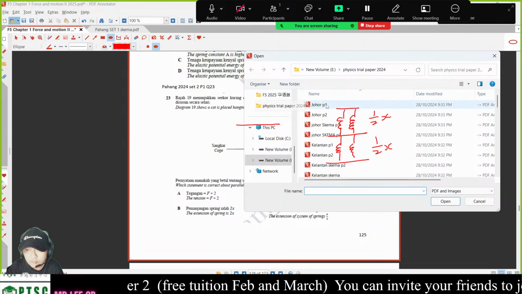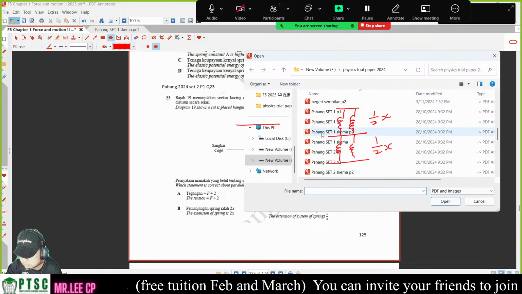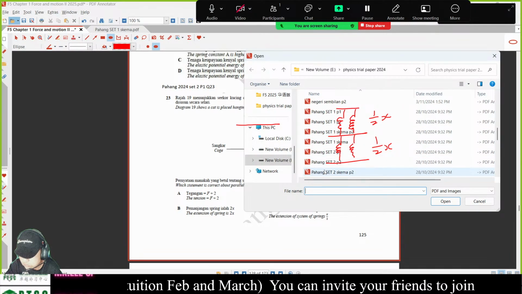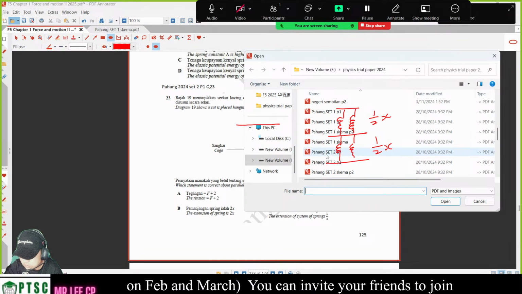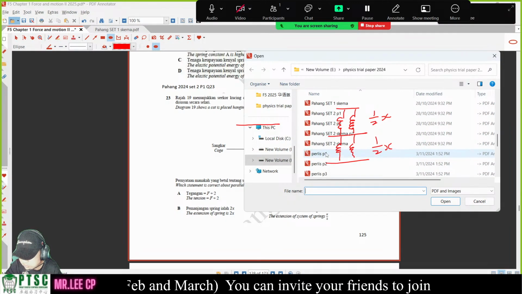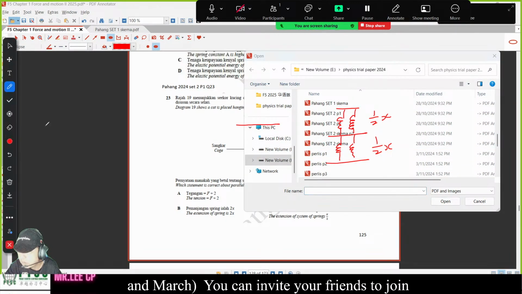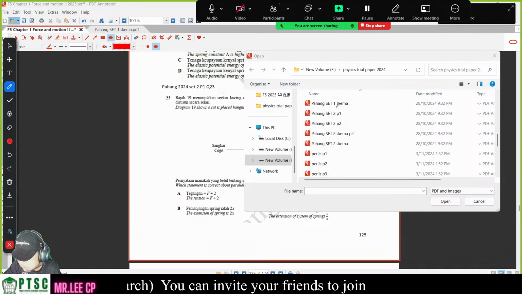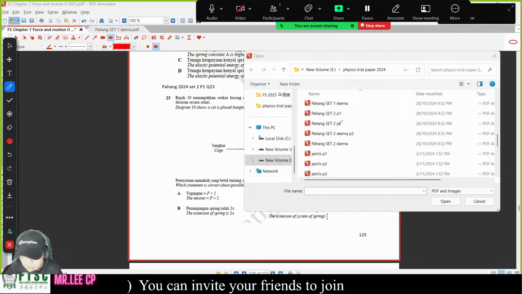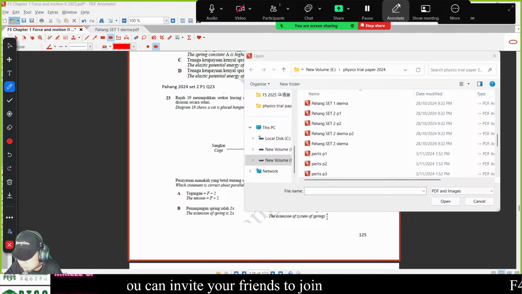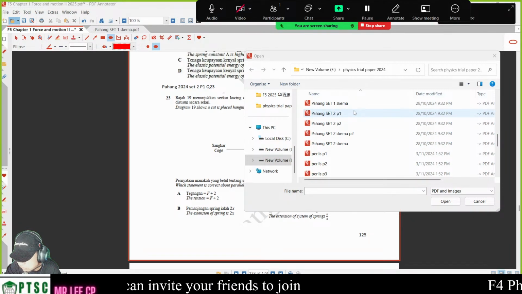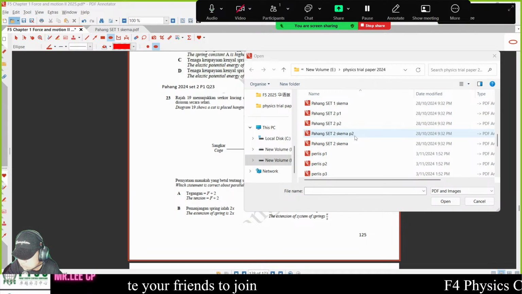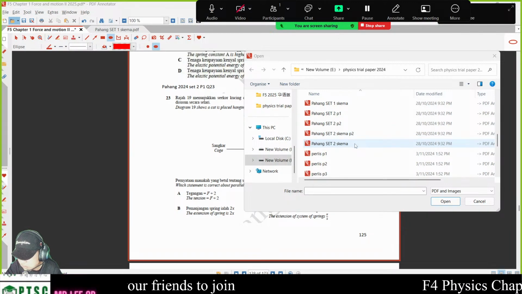We see Pahang. Pahang set 2. Paper 1. Set 2 schema.